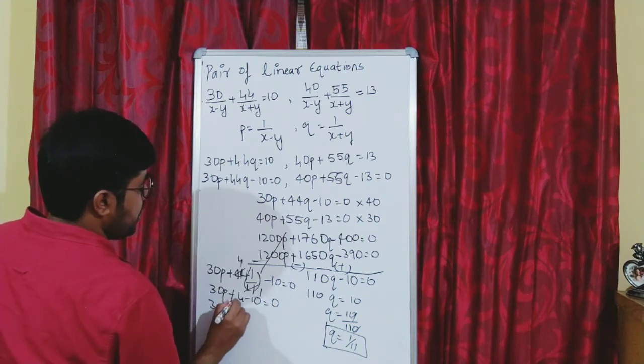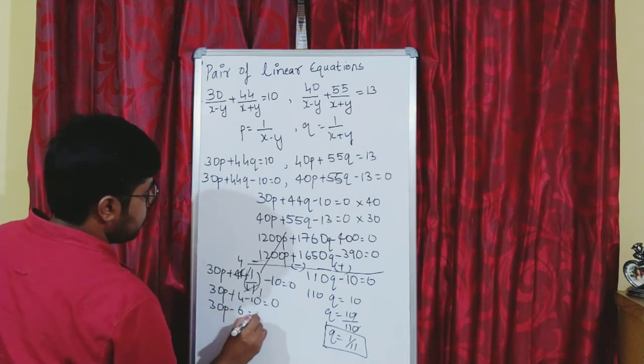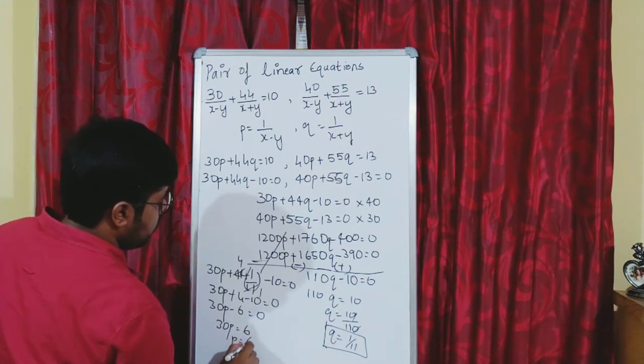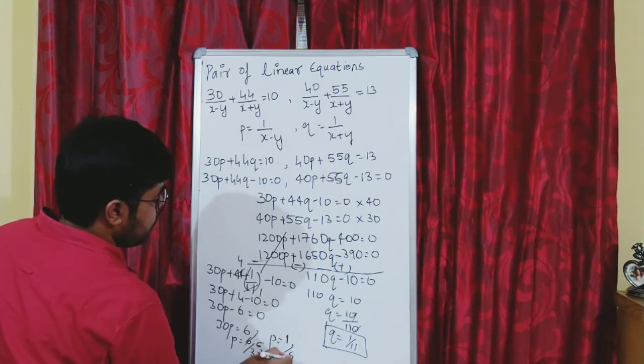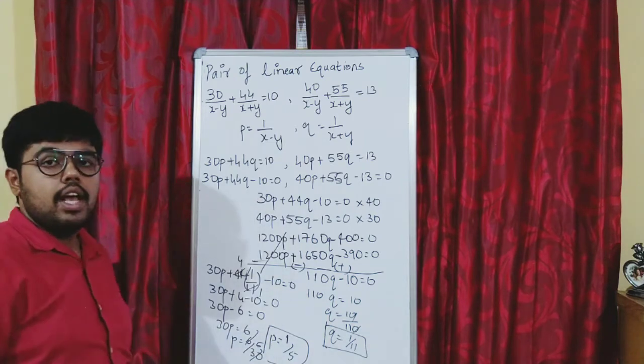Opposite sign, so you have to subtract and put the greater number's sign. 10 is the greater number, so minus 6 equal to 0. So 30p equal to 6. So p equal to 6 by 30, and you know 6 ones are 6, 6 fives are 30, so 1 by 5. So p equal to 1 by 5 and q equal to 1 by 11.